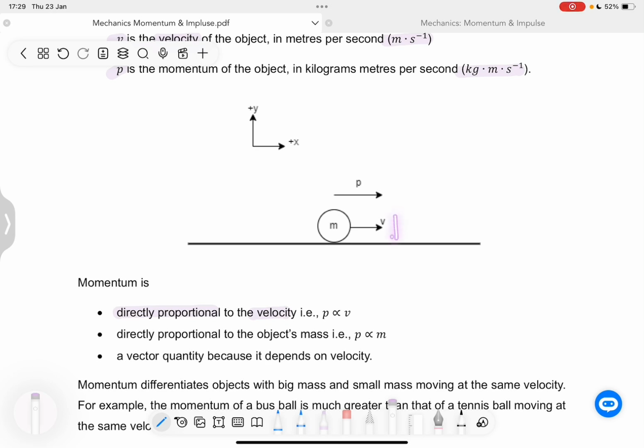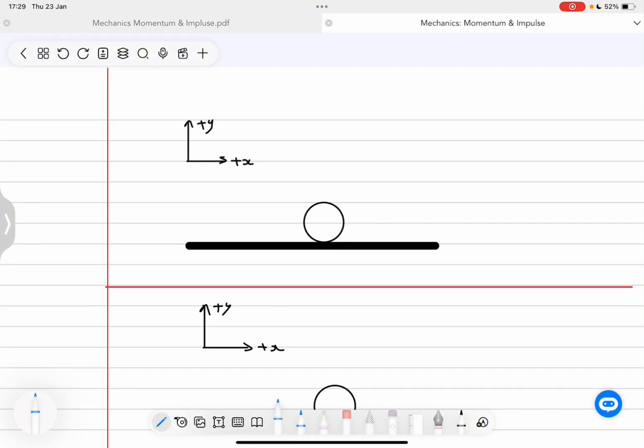If the velocity of the object decreases, the momentum will also decrease by the same ratio. Let's look at different scenarios to explain this direct proportion. Remember, we said directly proportional means that the two quantities increase by the same ratio or decrease by the same ratio.